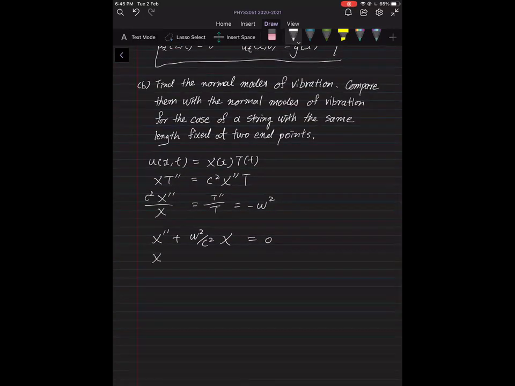So for convenience, we also write it as k squared x, where k equals omega over c. And actually, the k here is also called a wave number.